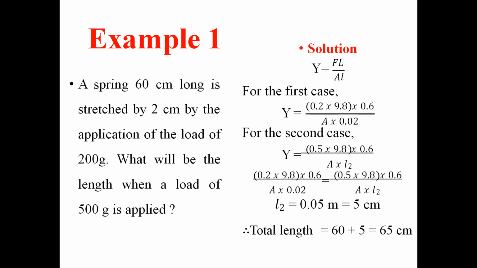Total length will be given by 0.05 meters, converts into 5 centimeters. L2 will be calculated, and adding to the total length of 60 plus 5, that means 65 centimeters. It is the total length for applying a load of 500 grams, increasing the length to 65 centimeters. This is example 1 for calculating the Young's modulus values.